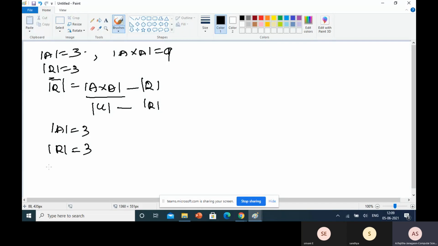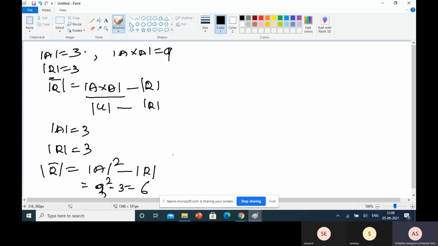So directly write like this: the cardinality of R complement equals the cardinality of A squared minus the cardinality of R, that is 3 squared minus 3, which is 9 minus 3, that is 6.